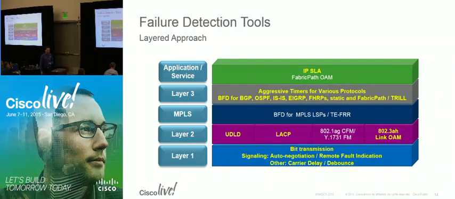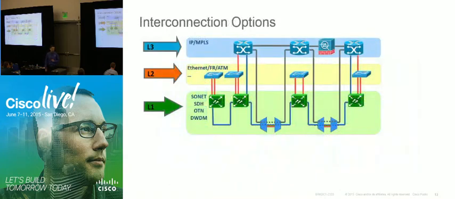You will see soon. Aggressive timers: do we tune timers, or do we use BFD? By now, you've probably figured out my stance on this. If you haven't, you'll know very soon. And finally, we'll touch a little bit on IP SLA, as it pertains to some very specific point-to-point data center failure detection scenarios. So we're diving in.